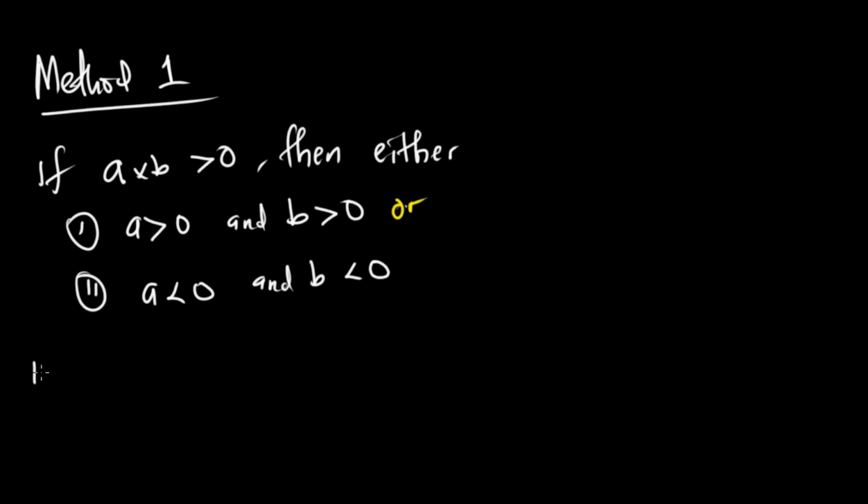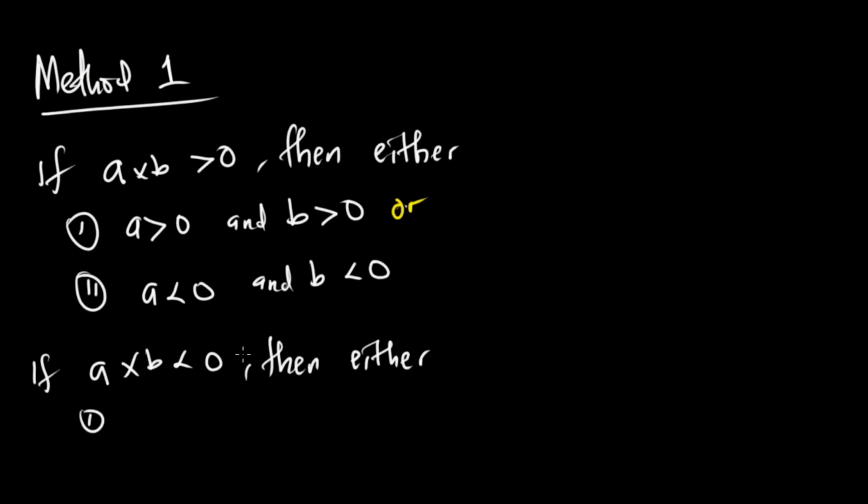The second point is if you are considering the less than symbol. If you have a multiplied by b to be less than 0, then we also have two conditions here.